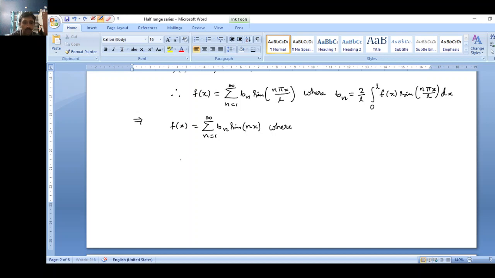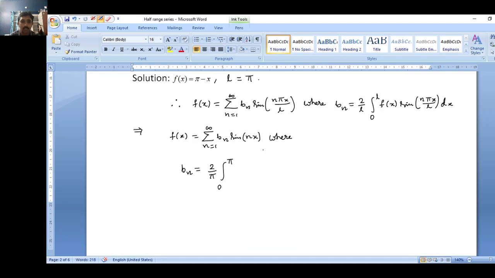So what will be bn? Bn equals, now because L is pi, this is 2 by pi integral 0 to pi, and now f of x, as we can see here, is pi minus x, so this will be pi minus x, and then sine, once again because L is pi, this will just be sine nx dx.